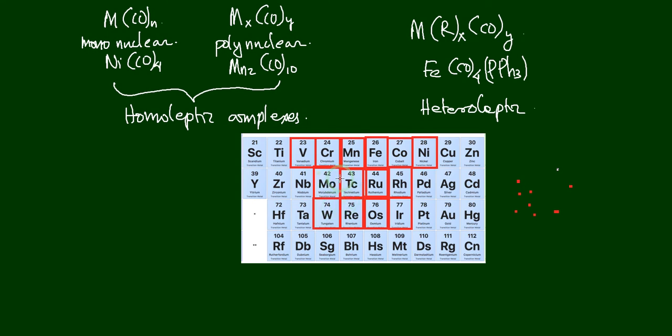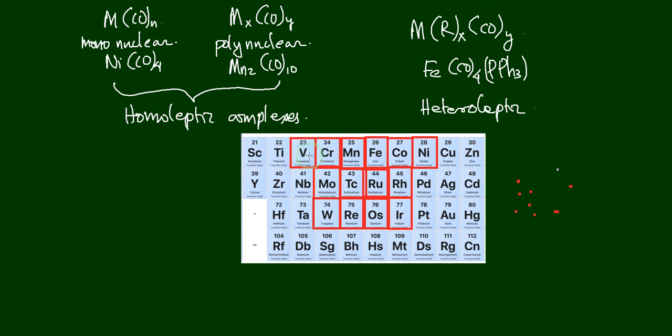It is very easy to remember, right? Scandium and titanium, the first two, are not giving stable homoleptic carbonyl complexes, and the last two are also not giving. All the middle ones are giving.